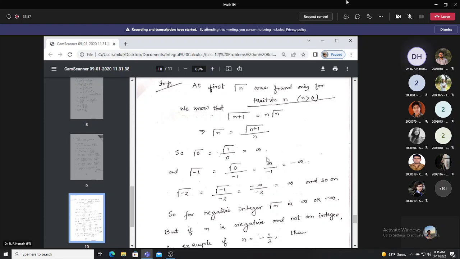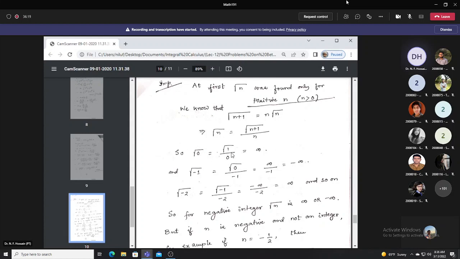we will find some values of the gamma function when n is 0, when n is minus 1, when n is minus 2, etc. We will use this relation: gamma n plus 1 equals n into gamma n. So gamma n equals gamma n plus 1 divided by n. If you put n equal to 0, it should be gamma 1 by 0.